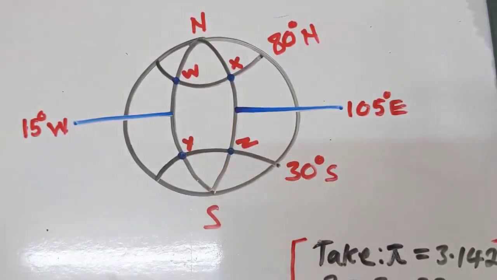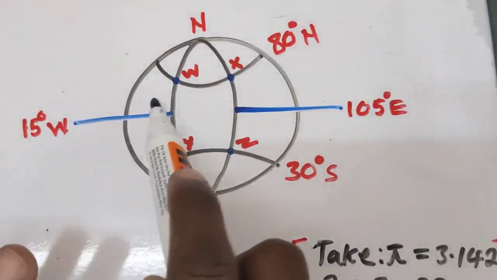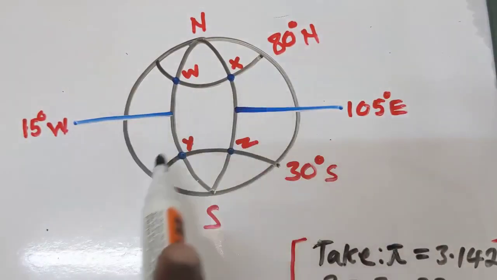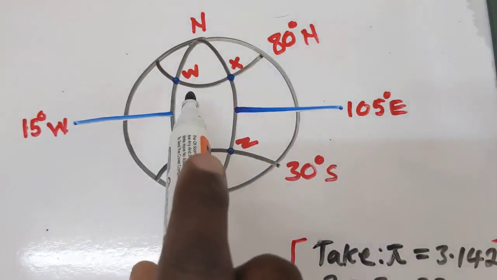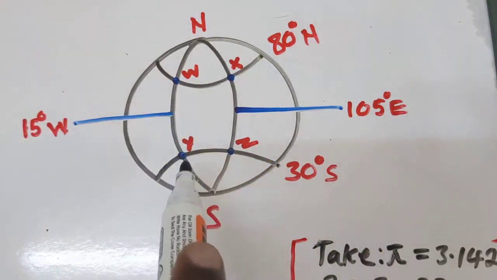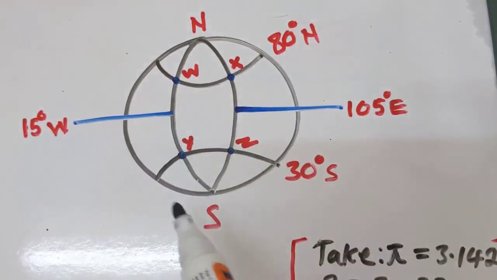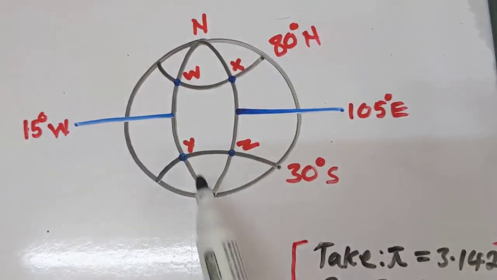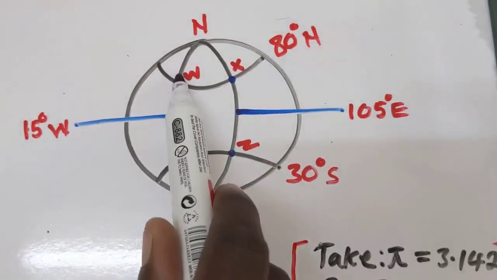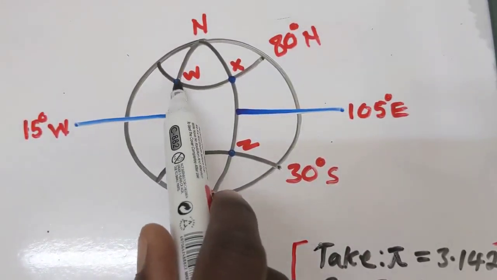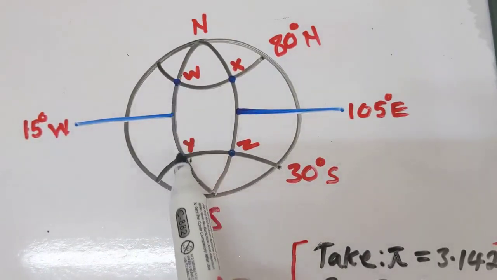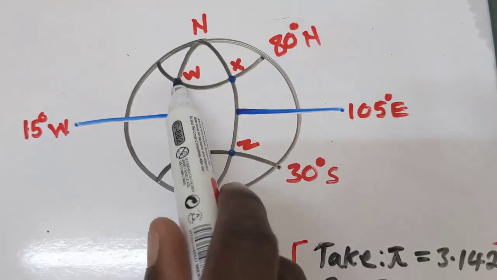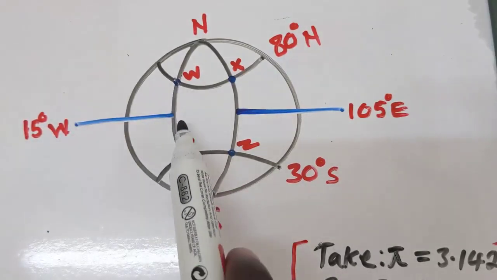We said that we use their latitudes in which those areas are. What I mean is we are calculating the difference between this one and this one, the difference in longitude.